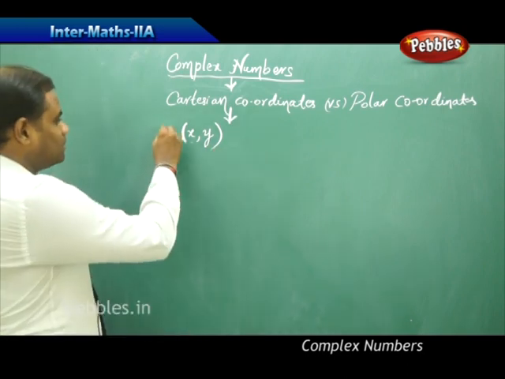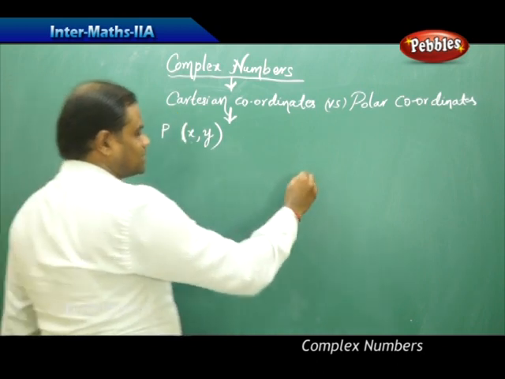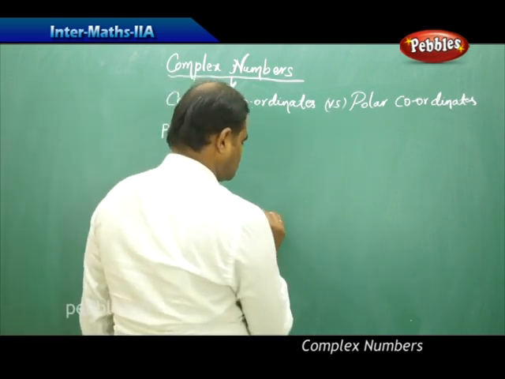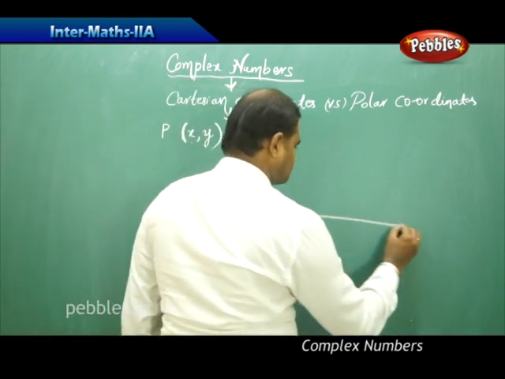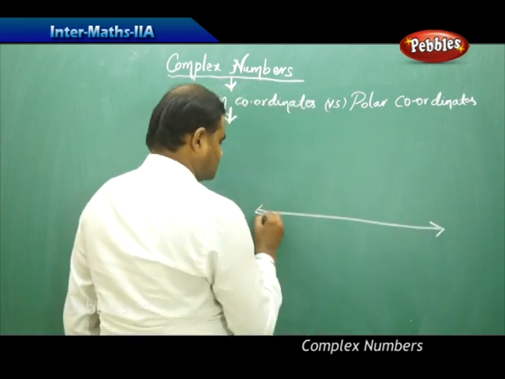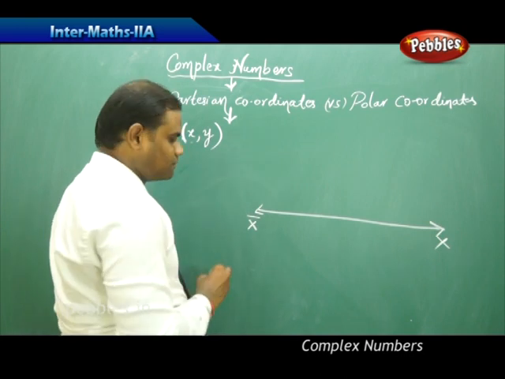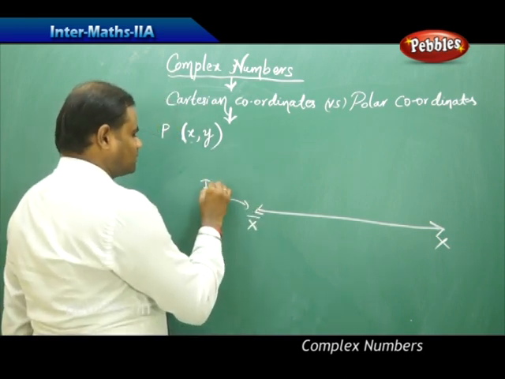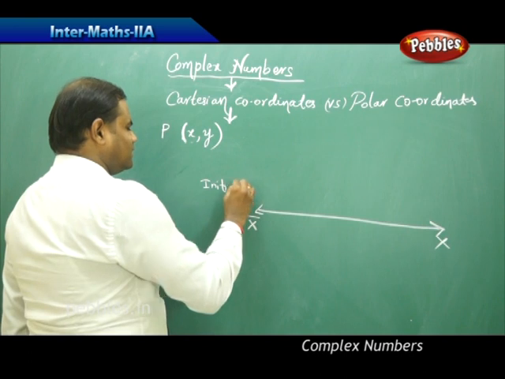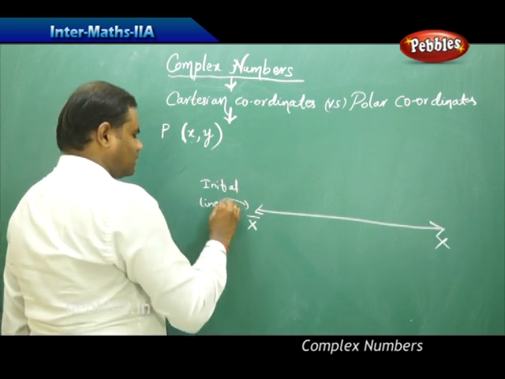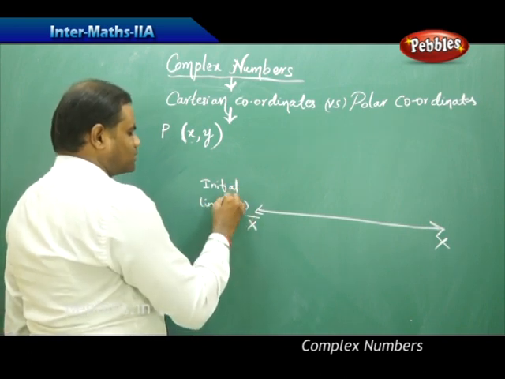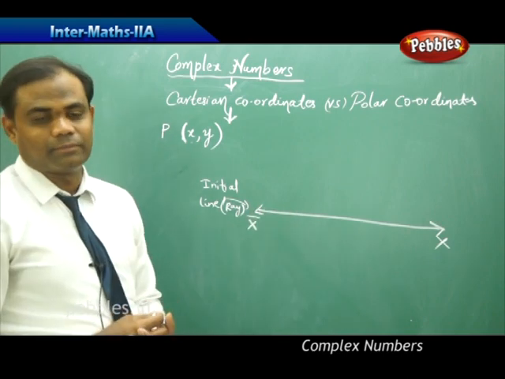So for a fixed point P(x,y) in a plane, I take here a fixed ray x dash, which is called the initial line. I call this the initial line, and of course it is a ray which I take as initial ray.